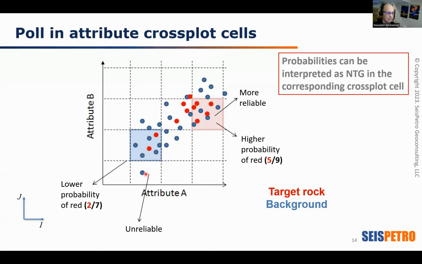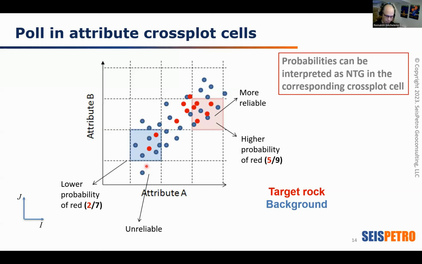So this will be totally unreliable, because this is similar to asking one person in one state who they are going to vote for in the presidential election, and then extrapolating that to assume that it will be what the rest of the population in that state will answer. So that is totally unreliable. And that's a number that we can also extract from the counting in the cross plots.